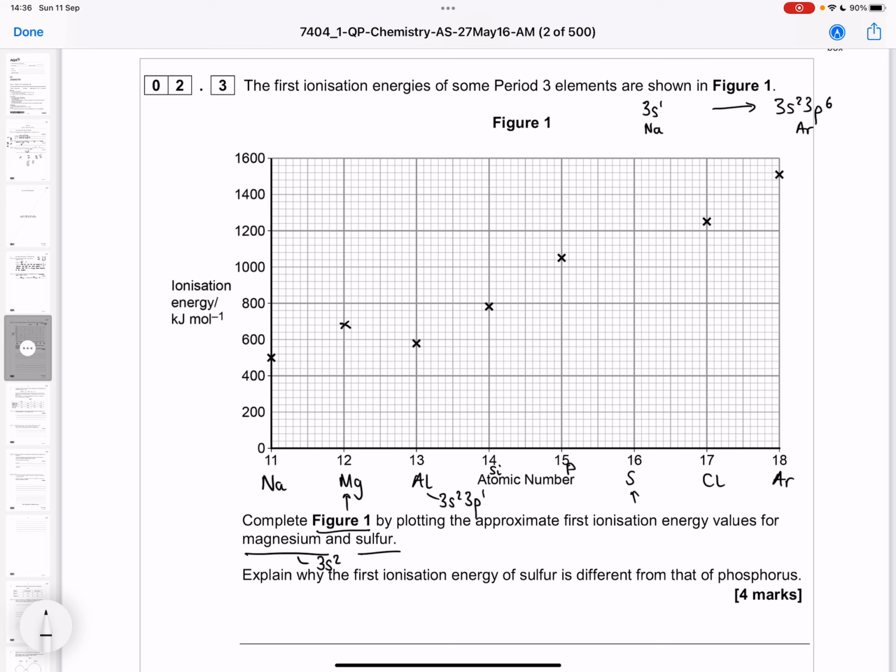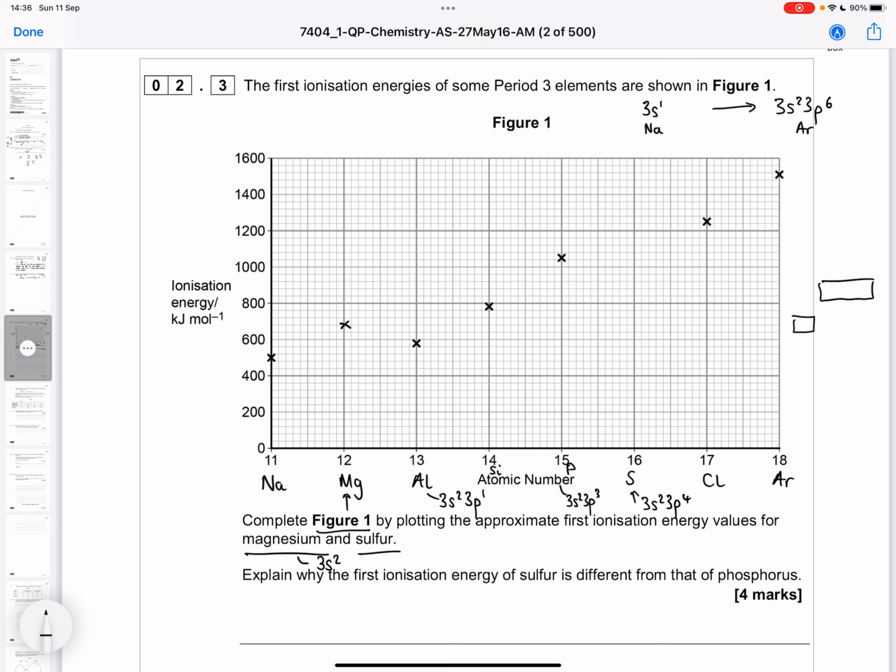Then what happens at sulfur? Well, phosphorus is 3s2 3p3 and sulfur is 3s2 3p4. So what's happening at sulfur is we're starting to have to pair up in p orbitals.